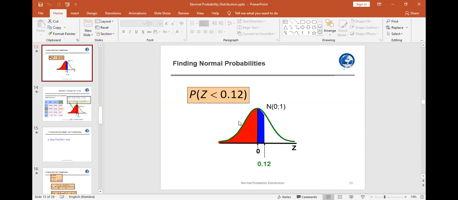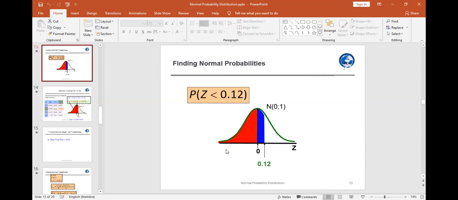Now, if you look at this 0.12, we can plot it here on the normal curve. What we are looking at is an area which is less than 0.12. On this number line you have -1, -2, -3, all the way to negative infinity. So if you shade the normal curve from this cutoff point, this is the sectional area.